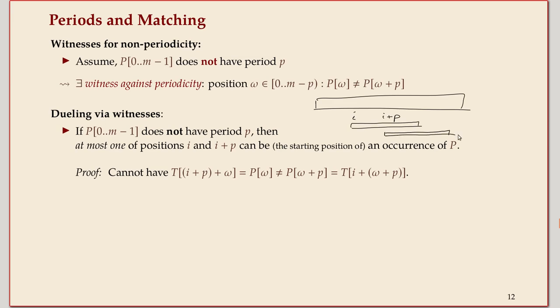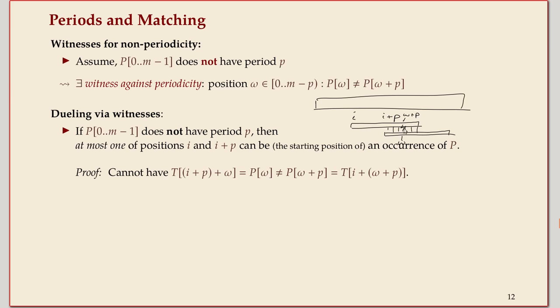Well, just assume they were both matches. So all the characters here between the text and the patterns were the same. Well, that would in particular mean that those are the same. But hey, then we would have a period in P. And we assume there is no period in P. So that can't be. And in particular, if we have a non-period, we have our witness, omega, somewhere here, that tells us the characters at that position are different.